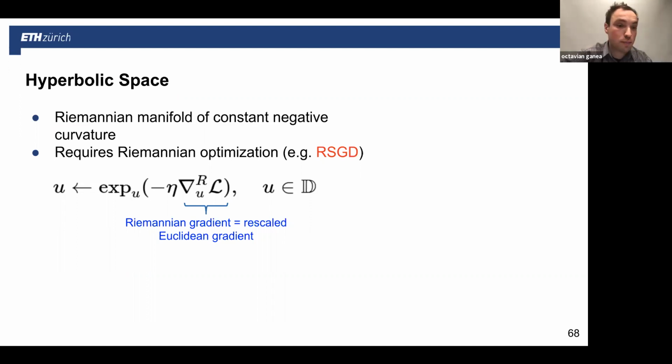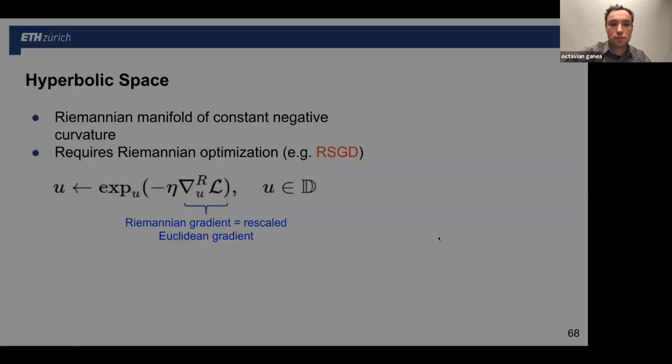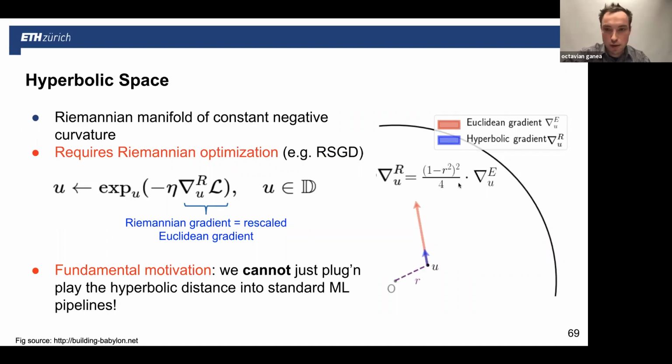So people take the exponential map at the current iterate u and apply minus the learning rate times the so-called Riemannian gradient, which for spaces of constant curvature is just a rescaled Euclidean gradient. So it behaves very well and is computationally very efficient. You can see on the right side how the Riemannian gradient is computed from the Euclidean gradient of a point u, where R is just the norm of the vector u. So it's just a simple rescaling using the norm of u.